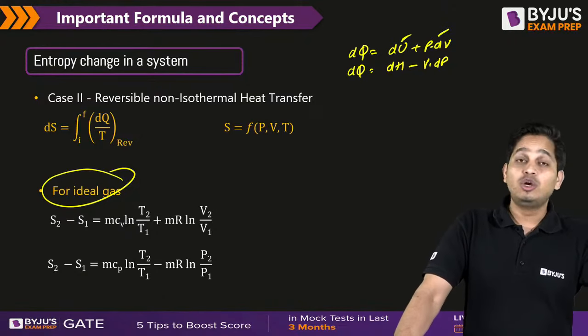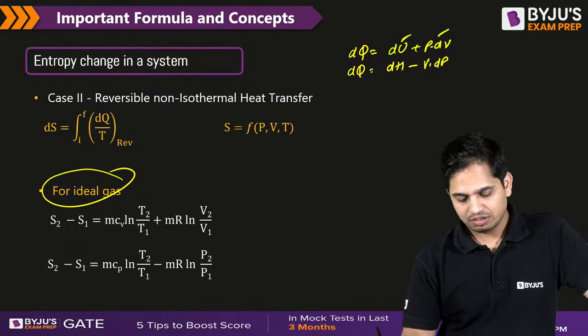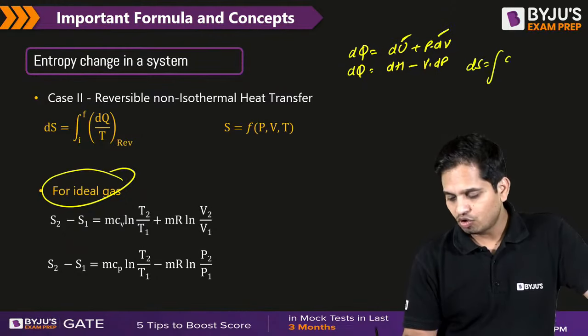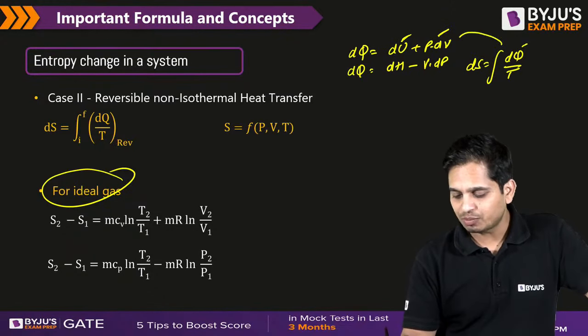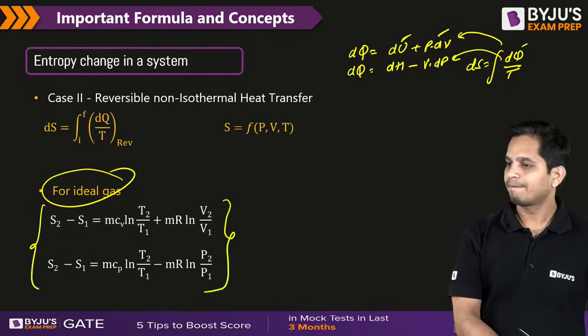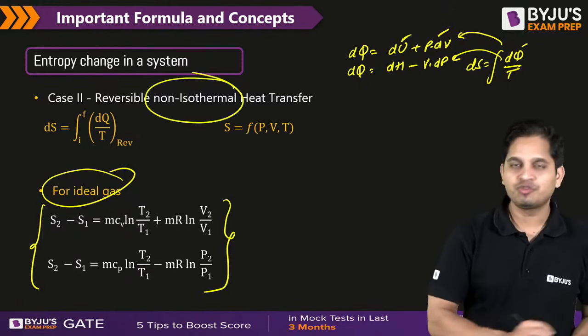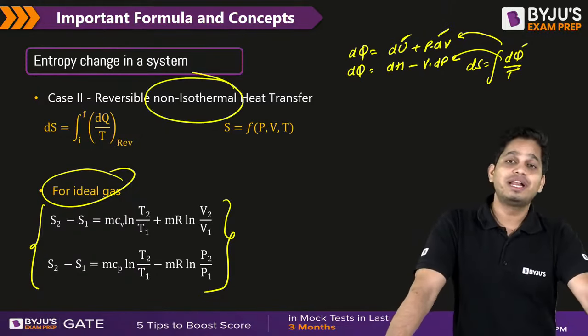I will do the same: ds is equal to dq by T, and dq I will replace once by this and second time by this, and I will get these two equations. This is in the case of non-isothermal heat transfer.